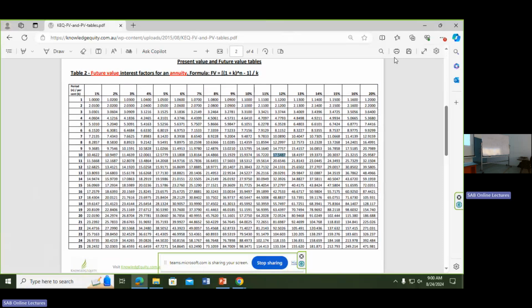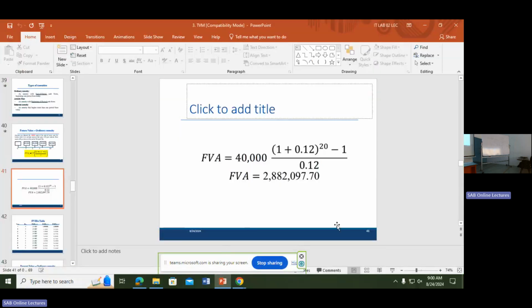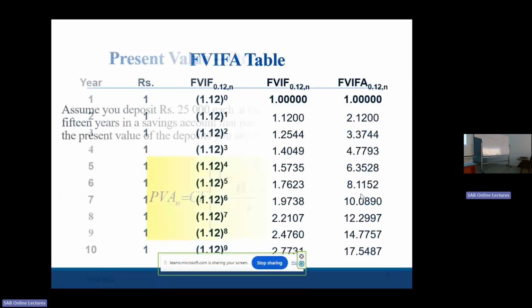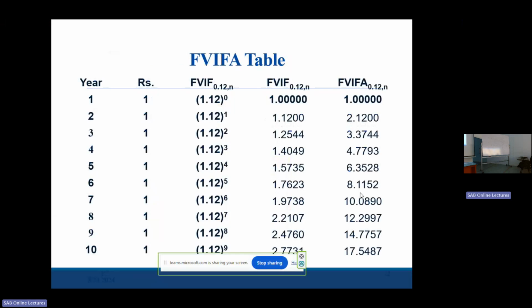Right, so now if you go to this slide, this is the extraction of table factors. If you look at the last column, what can you see? Future value interest factor annuity at 12% for 10 years. Some extraction from the table.